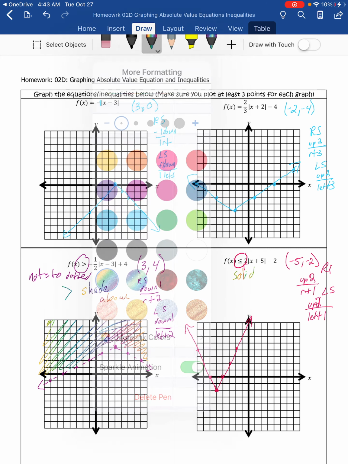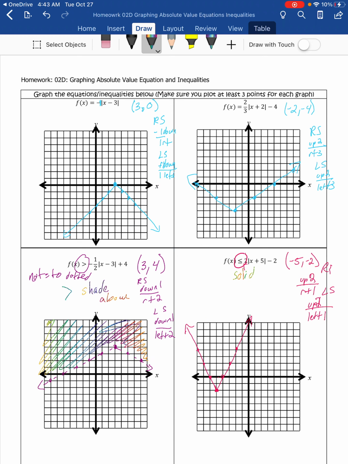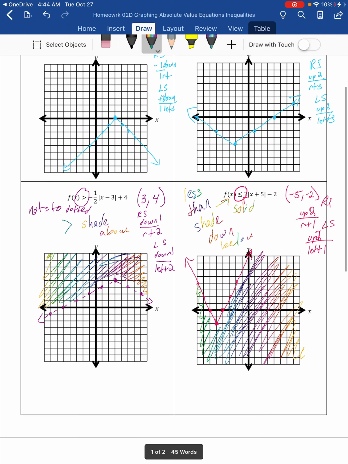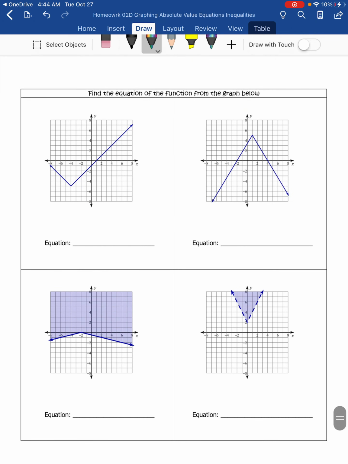And then we look at our shading, and this is less than. So I'm going to shade down, or below. So I'm just going to shade below my graph. And we get a little bit of happy little coloring here. And there you go. That's how you do it.